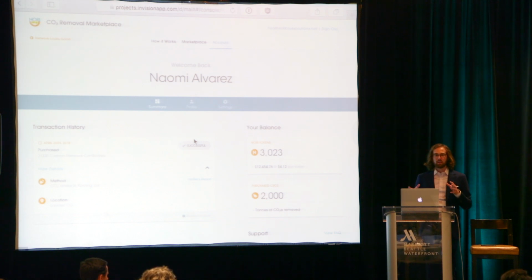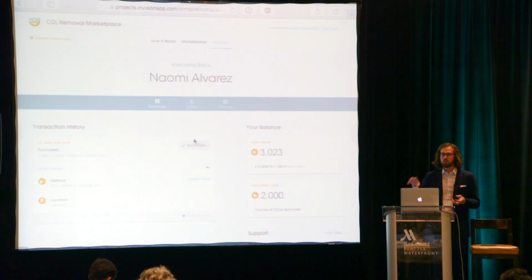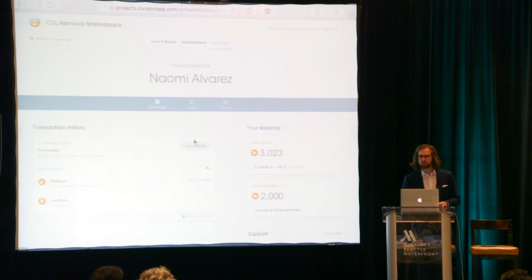So there are a couple different ways that we've discussed doing that. One is the insurance pool that I mentioned earlier. So we'll have a pool of tokens set aside and then we'll be continuously contributing to that from when we take revenue, which I don't recall if I mentioned, but the way that Nori makes money in this whole process is that we charge a small transaction fee on the buyer.